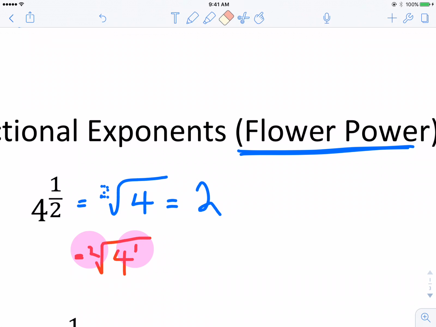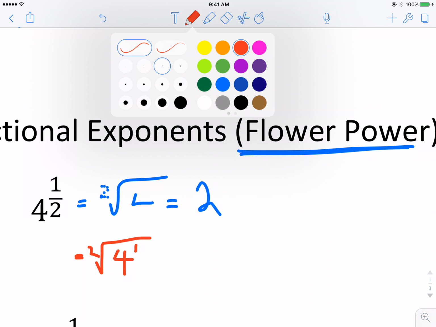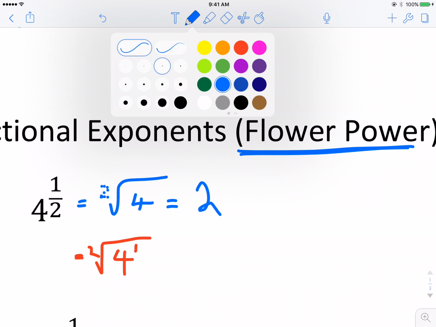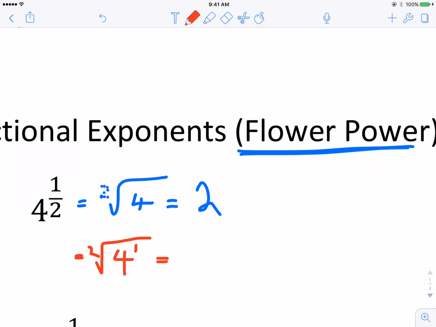There's the flower power. Remember that those are there. We just generally don't write the 1. And when we're going for quick steps, that's what it looks like. But also remember that I could write this as the square root of 4 all raised to the power of 1. So really there are two ways to write fractional exponents: one with the power on the inside of the radical, another with the power on the outside of the radical.